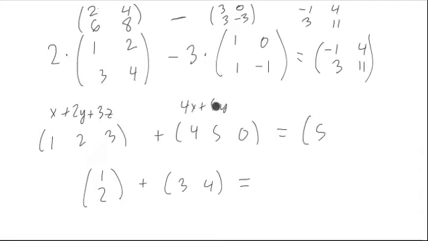The 2y and the 5y become a 7. And the 3z and the 0 become a 3z. So essentially what we're doing is you're just saying 1 plus 4 is 5, 2 plus 5 is 7, 3 plus 0 is 3.